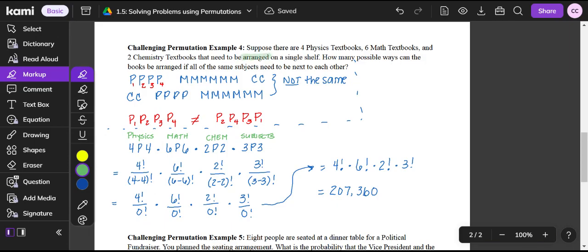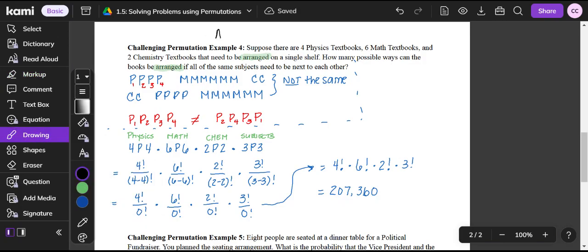First, we have the word arranged, and then it pops up again down here. So anytime that we are arranging something, if you are organizing and arranging something, let's say alphabetically, for example, then the order matters. So anytime you see the word arrange, we're talking about a permutation.